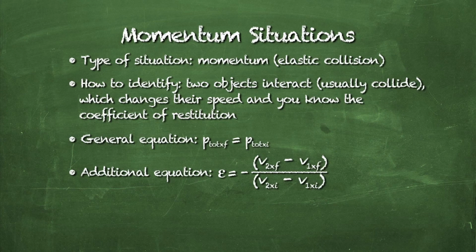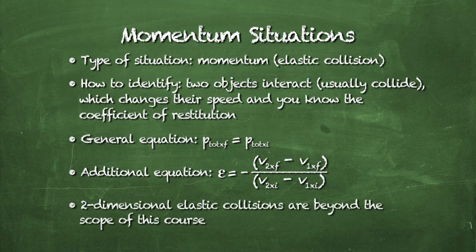Now we'll only use this for one-dimensional collisions. Two-dimensional collisions using the coefficient of restitution are beyond the scope of Physics 191. So let me give you a question that you can answer.